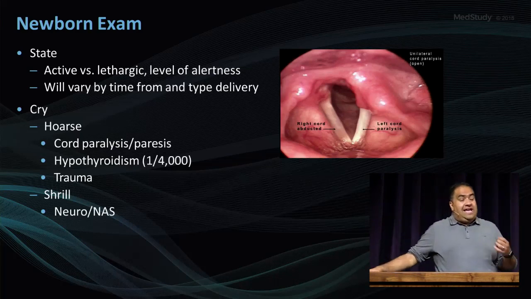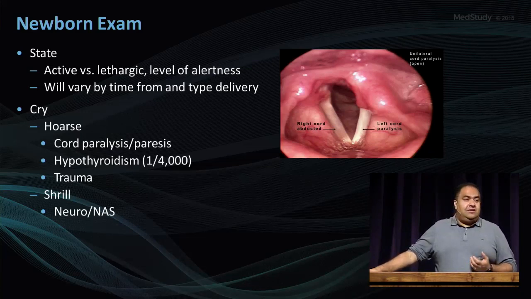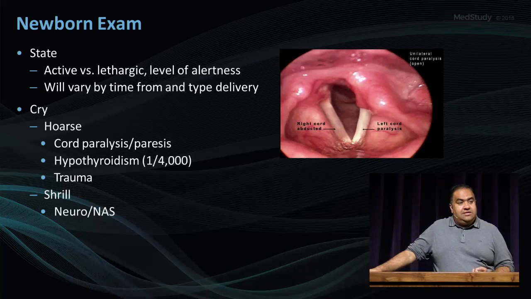The high-pitched cat-like cry we see in kids that have chromosome deficiencies, like cri du chat. Okay, so those are the types of the higher-pitched cries. The shrills that are really like, oh my God, there's something wrong with that kid. Those are more like neuro cries. So if there's a neuro anomaly or neonatal abstinence, we'll hear a very, very, very high-pitched cry.